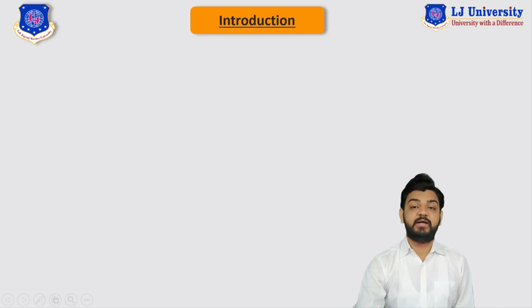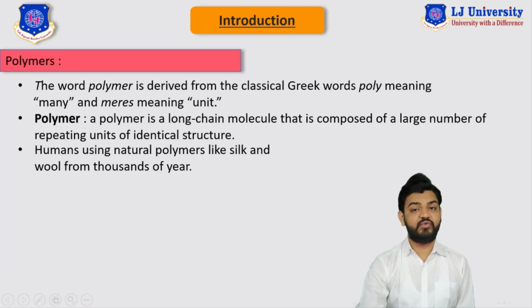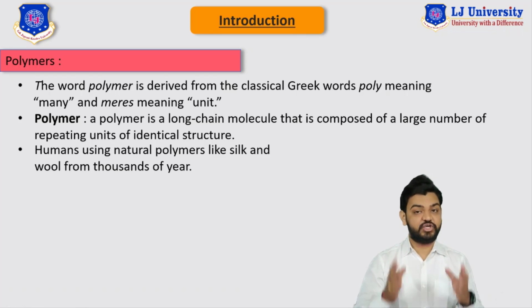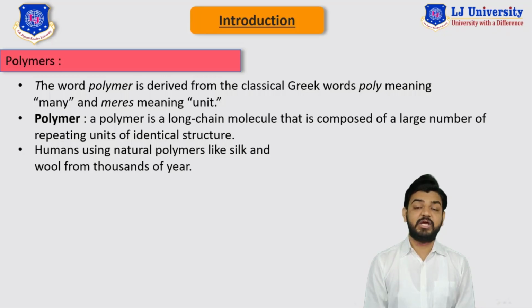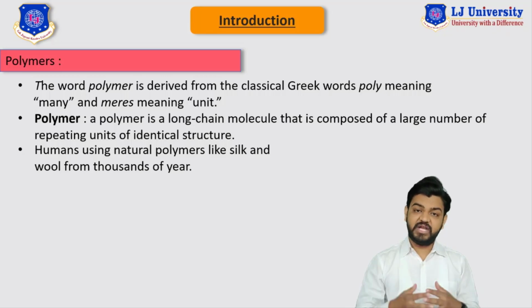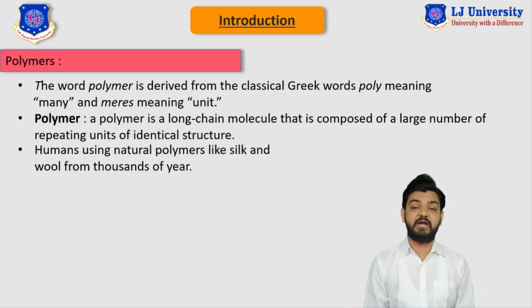Polymer is derived from the classic Greek words, where poly means many and mer means unit. So basically, a polymer is the combination of a tiny substance that we call the monomer. They combine together and join to form a complex structure of polymer.